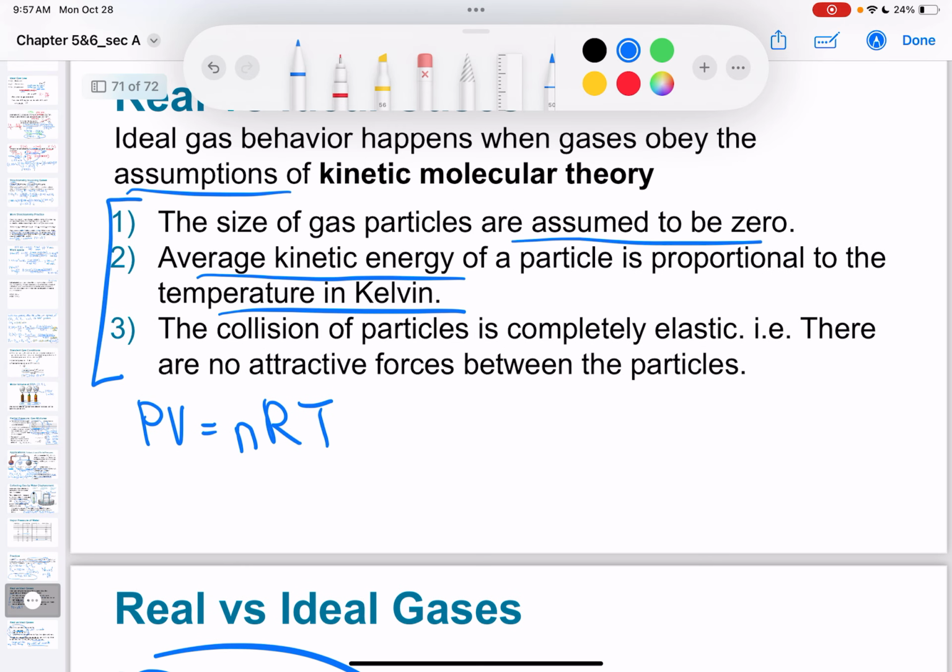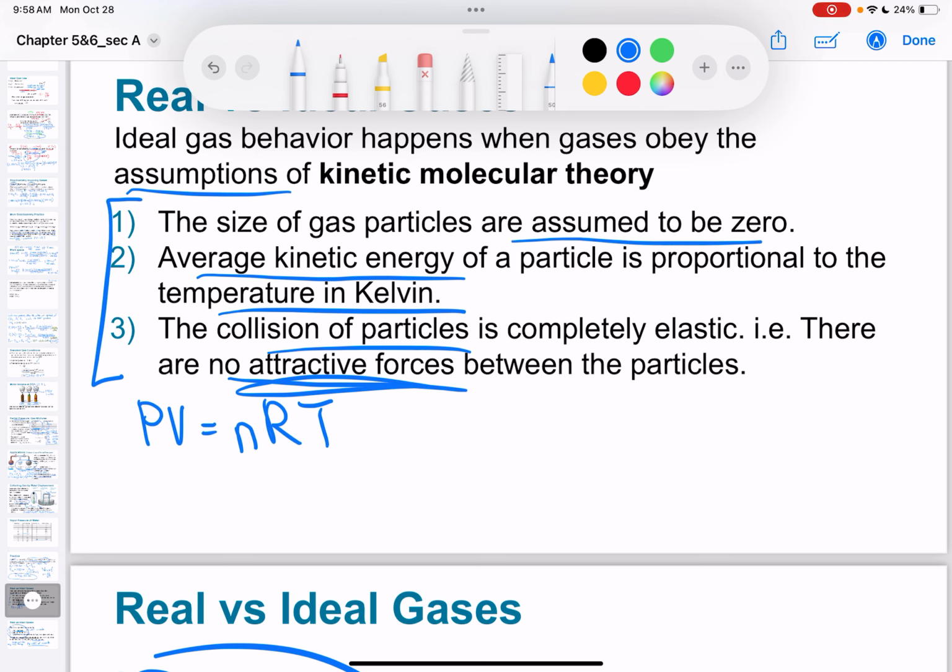And then finally, number 3, the collision of particles. Particles hit the wall, they hit each other. We're going to assume that they don't attract to each other in any way when they bump into each other. They just hit each other and then they move away, not being attracted to the other particle at all.